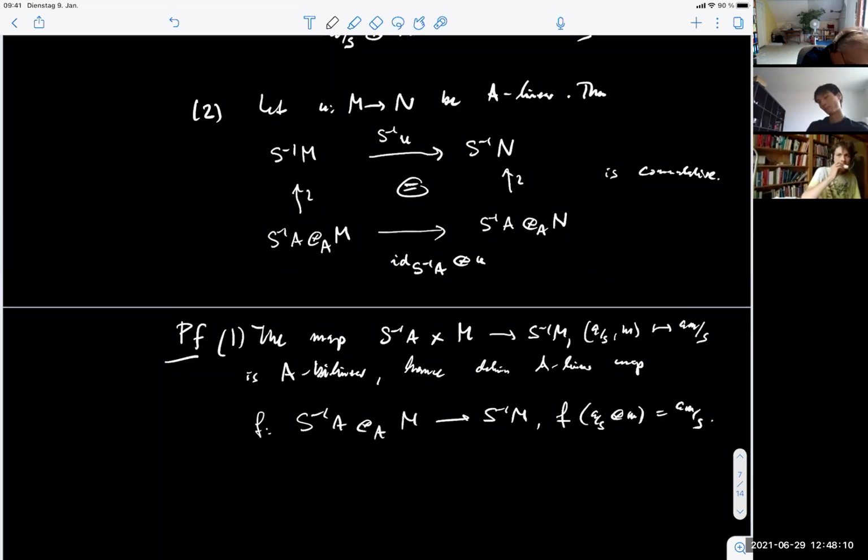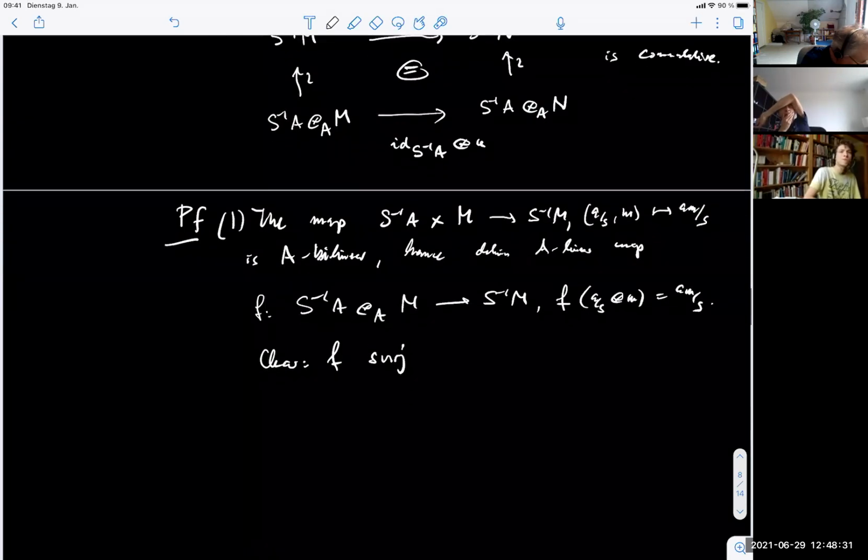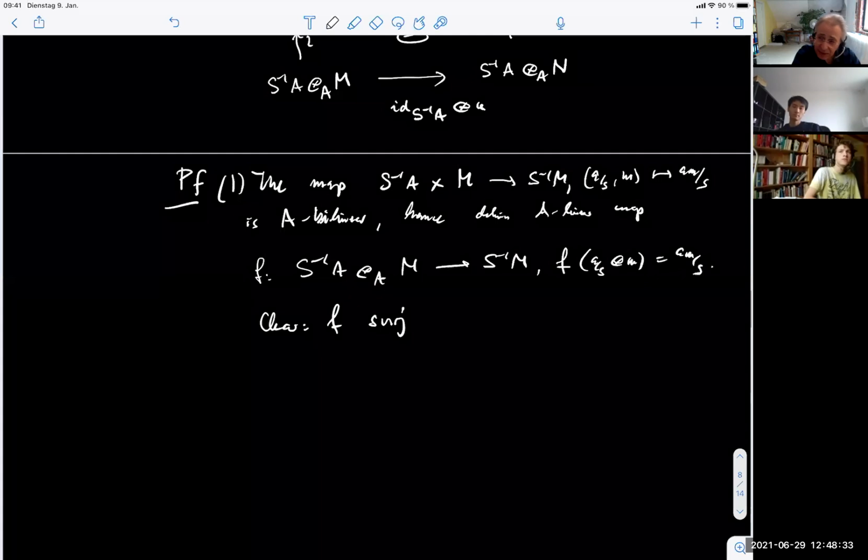I think this is clear because in particular here we have the elements m over s, take a equals 1. And every element here is of the form m over s. So it's clear that f is surjective. And the claim is f is injective. So let's do the check that f is injective.